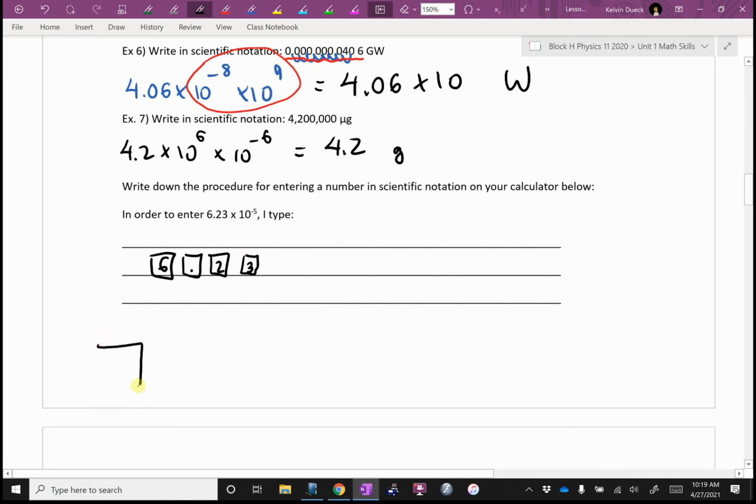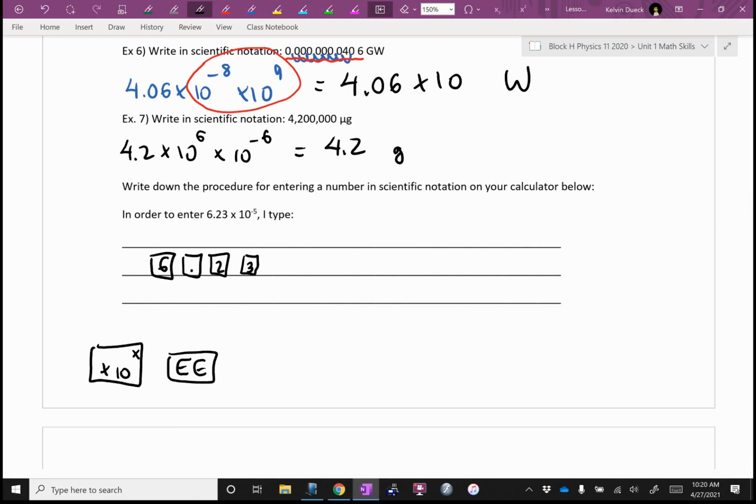Some of you will have a button that looks like that. If you have that, it's probably in the bottom row in the middle. Some of you will have a button that looks like this. If you're a TI, it's going to be second function comma or apostrophe. Okay?